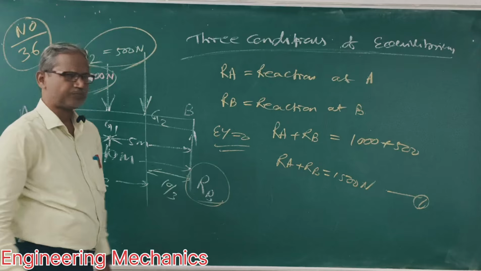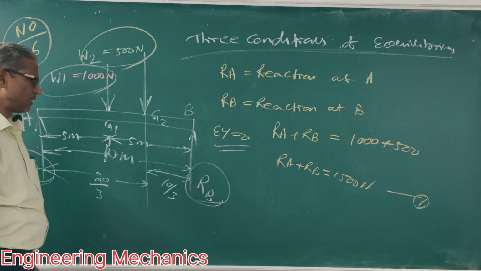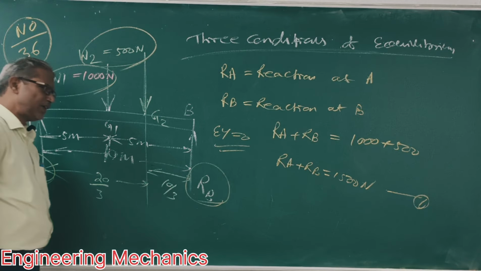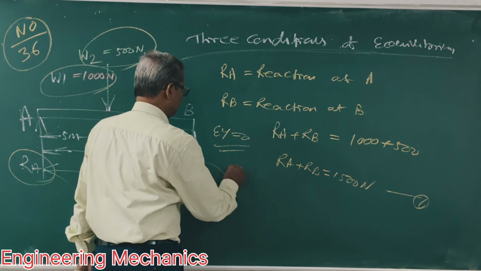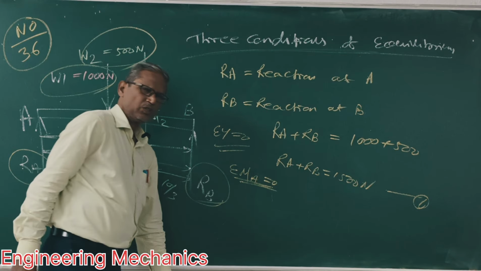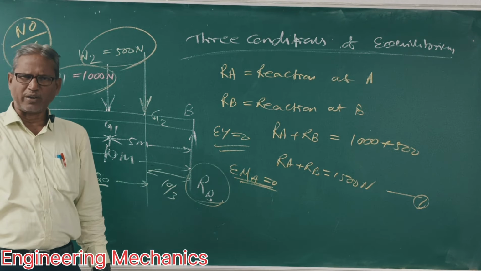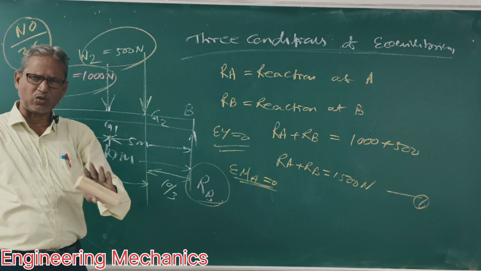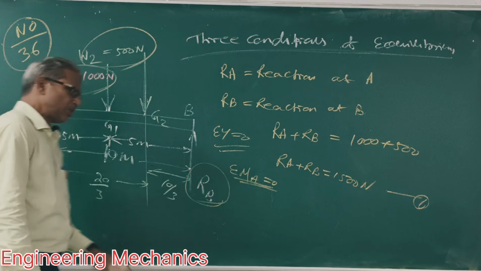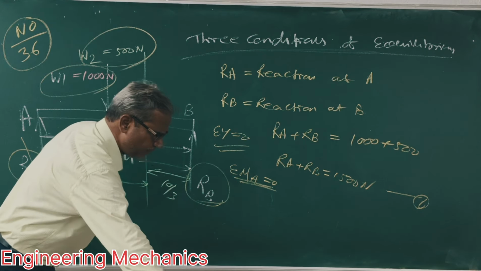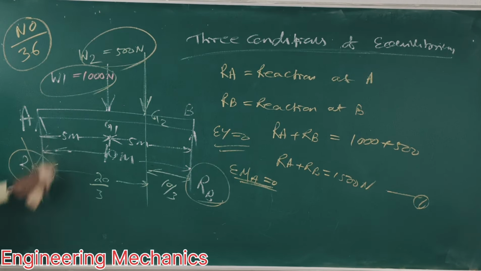Clear? Next, take moment about A or about B. First take moment about A. Sigma m is equal to 0. Summation of moment about A is equal to 0. That means about A, all clockwise moment is equal to all anti-clockwise moment. About A, RA passes, so its moment is 0.